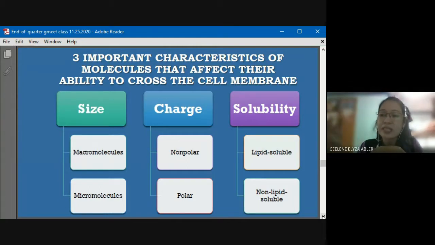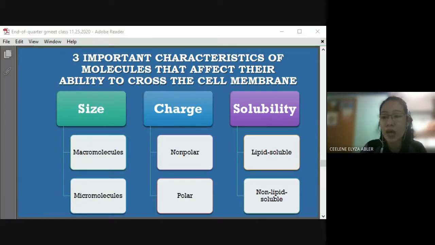It's because the size matters for the cell for it to allow it to enter. So, mas maliit siya, mas madaling makapasok ang substance into the cell. Yan siya ang general na rule. So, the smaller the atom is, the smaller the molecule is, the easier it is to be transported across the cell membrane, the semi-permeable membrane.